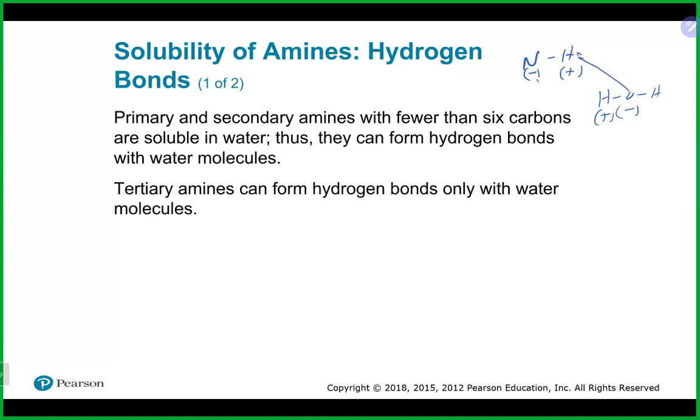Tertiary amines cannot hydrogen bond, and that is because, a reminder, as we just saw in a couple of examples, if you have a tertiary amine, you've got no hydrogens.